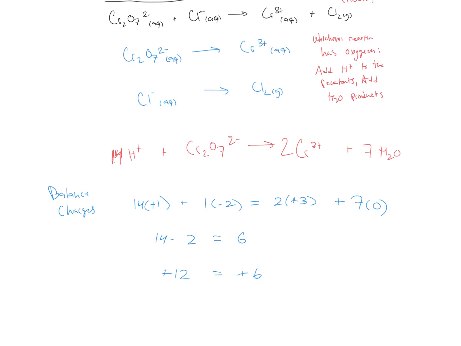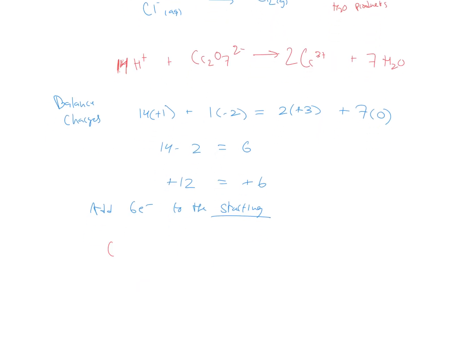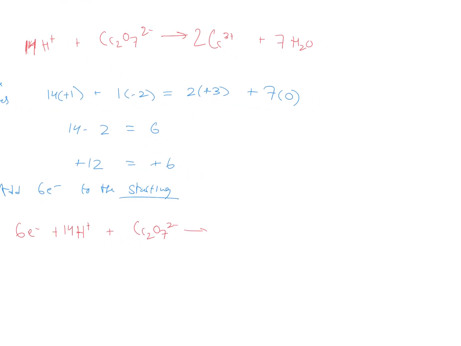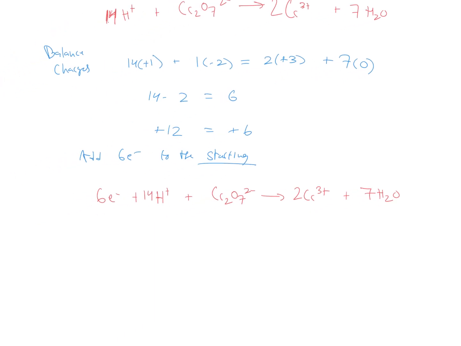In order to balance this out, we can add 6 electrons to the reactants. So we should have 6e- plus 14H+ plus Cr2O7 2-. That will react to form 2Cr3+ plus 7H2O.